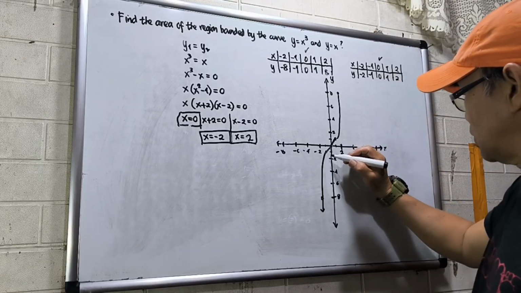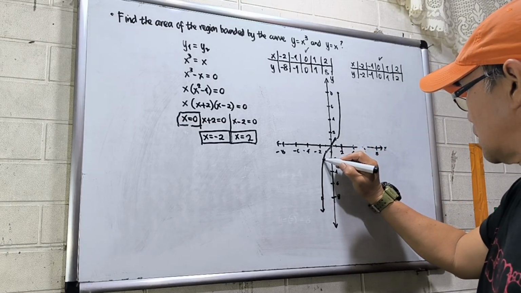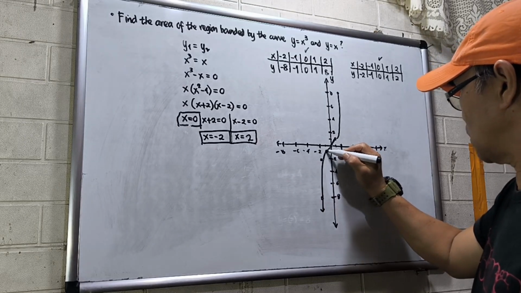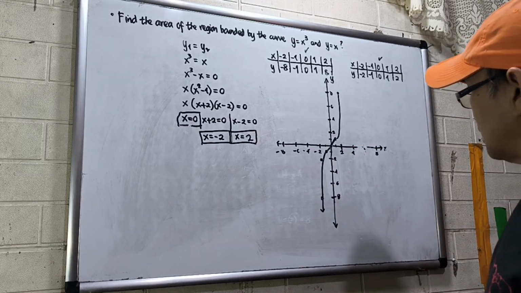Then how about negative 2? Negative 2, 2 in here. Then negative 1, 1. Wait.